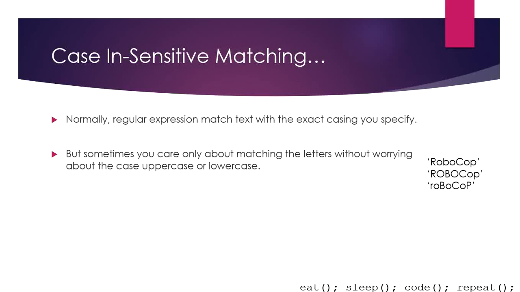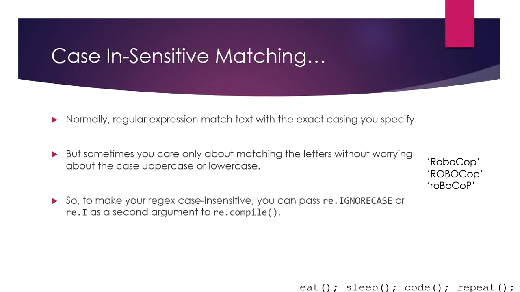For that, I have an example. Say we want to match Robocop in any case, some letters lowercase, some uppercase. Everything should match Robocop, so it must be case insensitive.